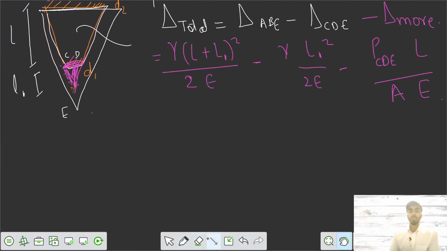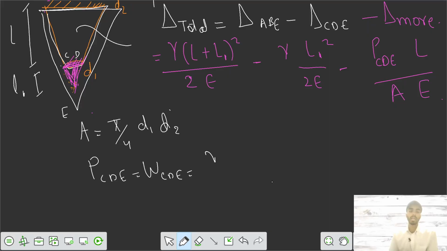So firstly, what is the value of A? The value of A comes out to be pi by 4 d1 d2, and PCDE, the weight of CDE, equals gamma into volume.